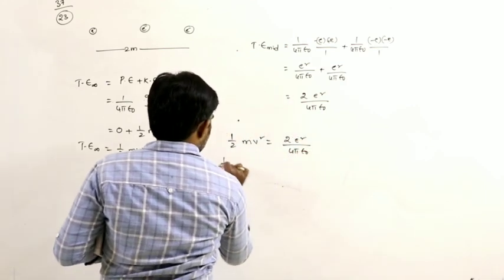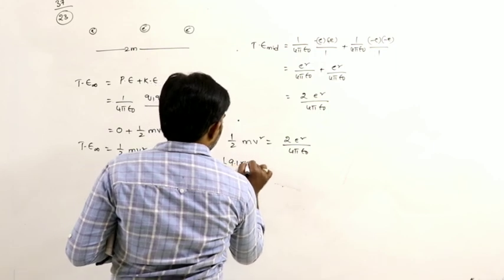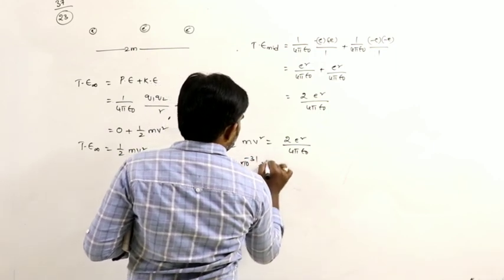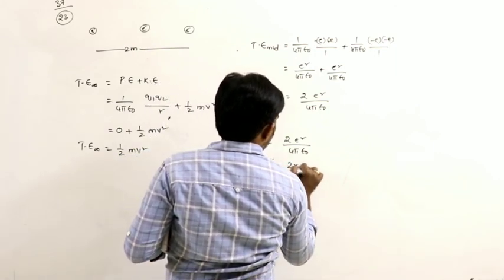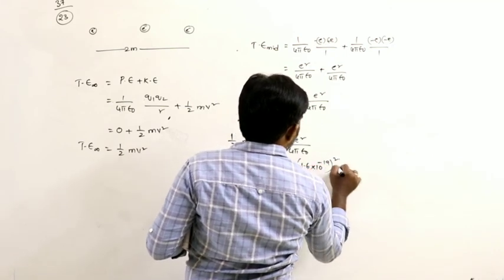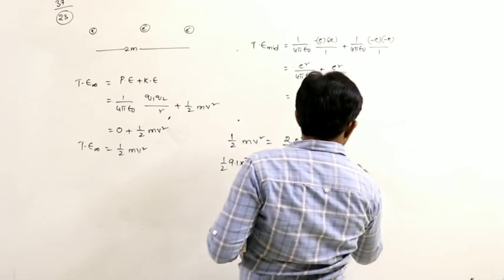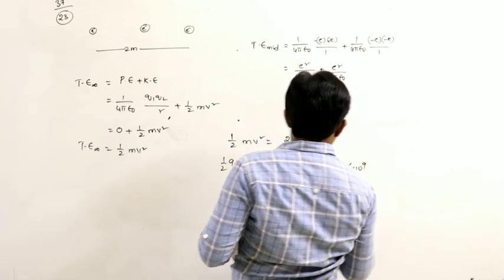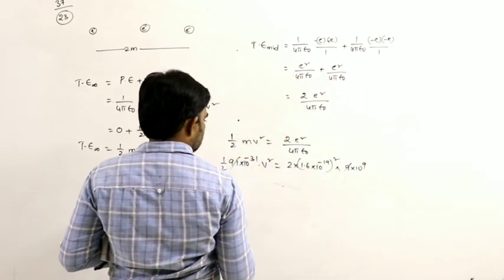Half, mass of electron 9.1 into 10 to the power of minus 31, into v square equals 2 into 1.6 into 10 to the power of minus 19 whole square, into 1 by 4 pi epsilon, 9 into 10 to the power of 9. Approximately these 9s are cancelled.